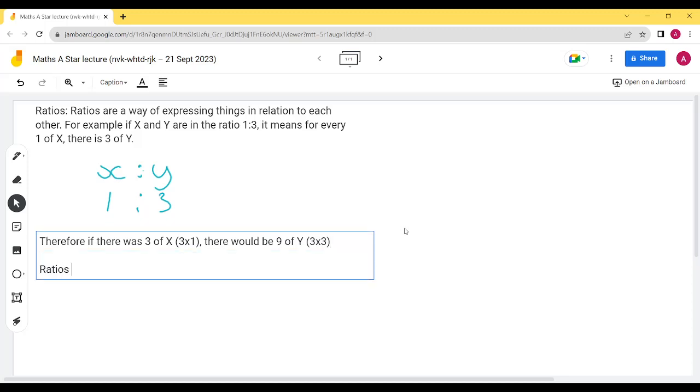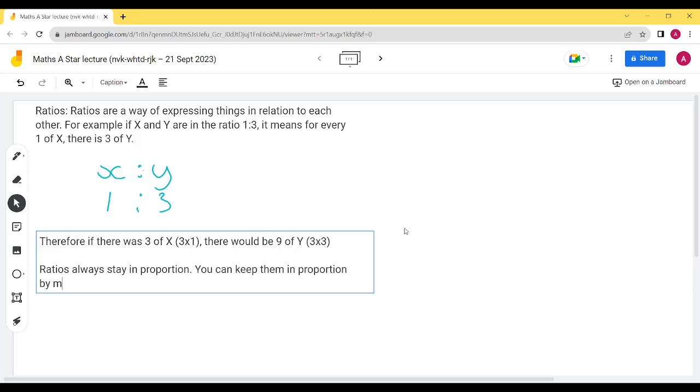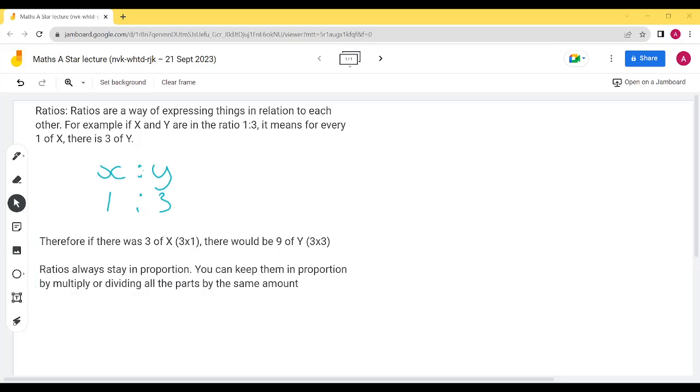In other words, ratios always stay in proportion. You can keep them in proportion by multiplying or dividing all the parts by the same amount. Hopefully that makes sense as a starting point for what a ratio is.